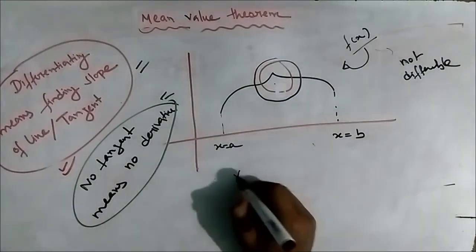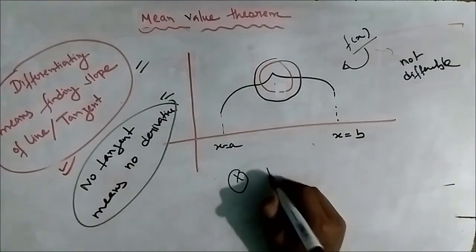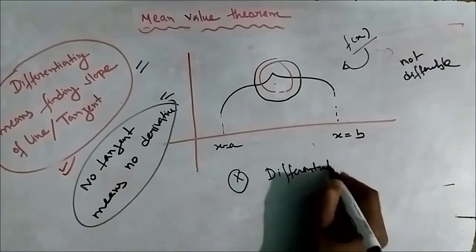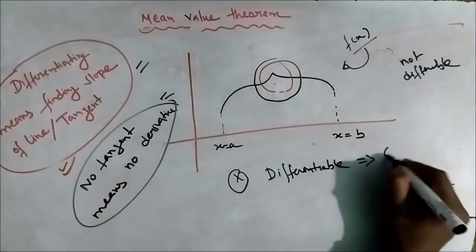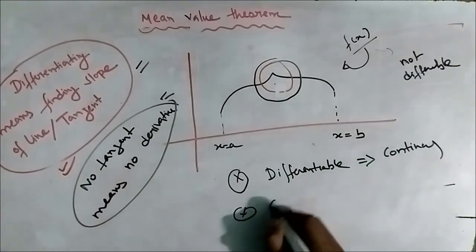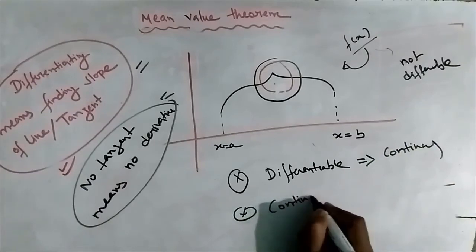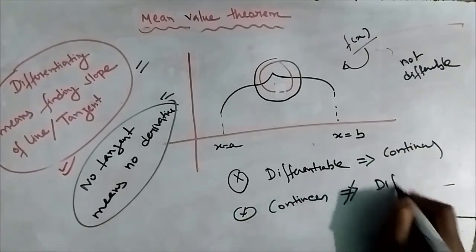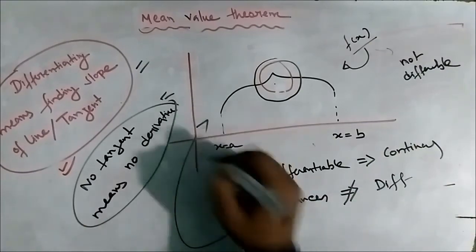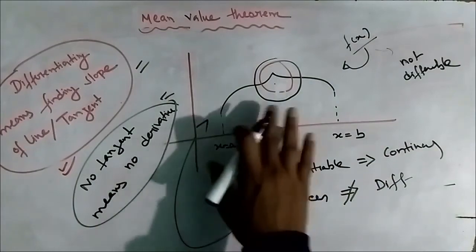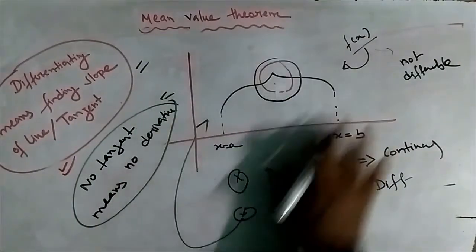We have already learned that if a function is differentiable, it must be continuous. But if a function is continuous, it may or may not be differentiable. So here is the proof. In the domain from x equals a to x equals b, the graph is continuous, because there is no point of discontinuity.